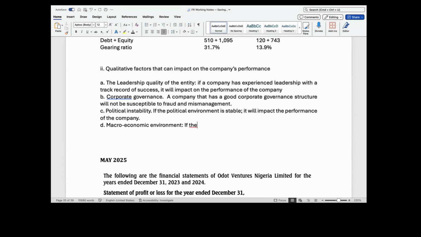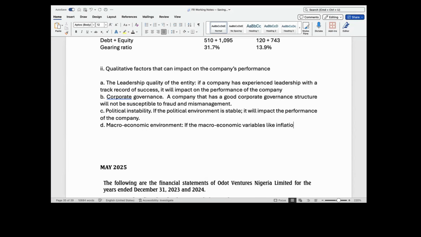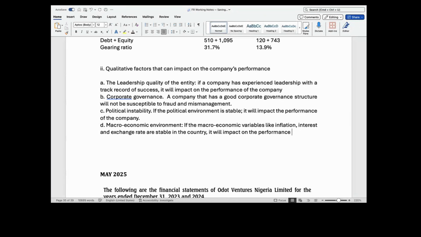If the macroeconomic variables like inflation, interest rates, and exchange rates are stable in the country, it will impact on the performance of the company.